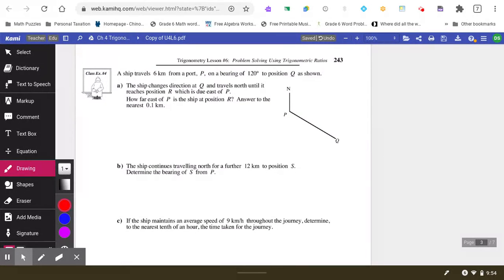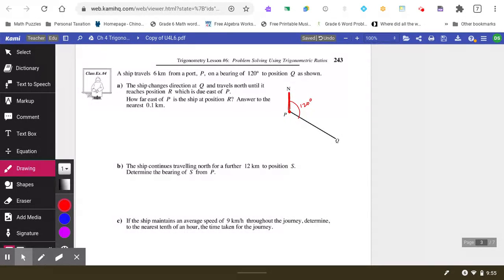All right. So on class example number 4, it says a ship travels 6 kilometers from a port P on a bearing of 120 degrees. Now this gets complicated, so pay attention. There's P on a bearing of 120 degrees. So you plot your north line and you go around to 120, to position Q as shown.